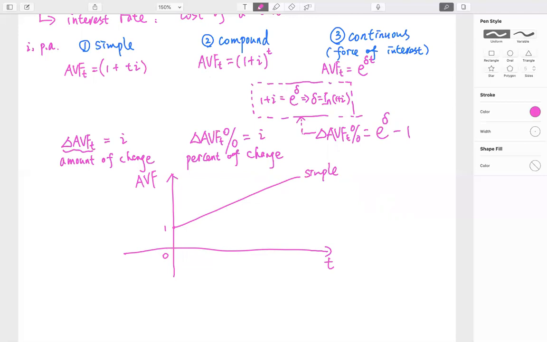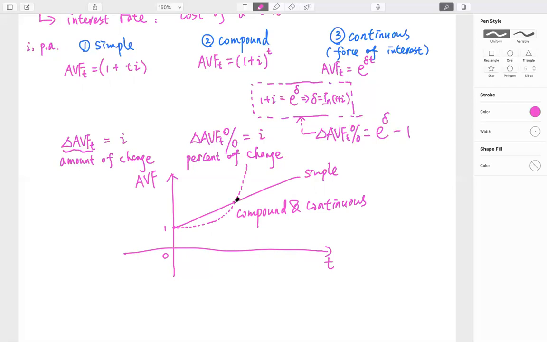But if you are at compound or continuous, you will grow like this, right? The compound and the continuous are very similar. Continuous is the limit of compound, and the shape of the graph of the last two forms is rather similar. So I only use one dotted line to denote them.